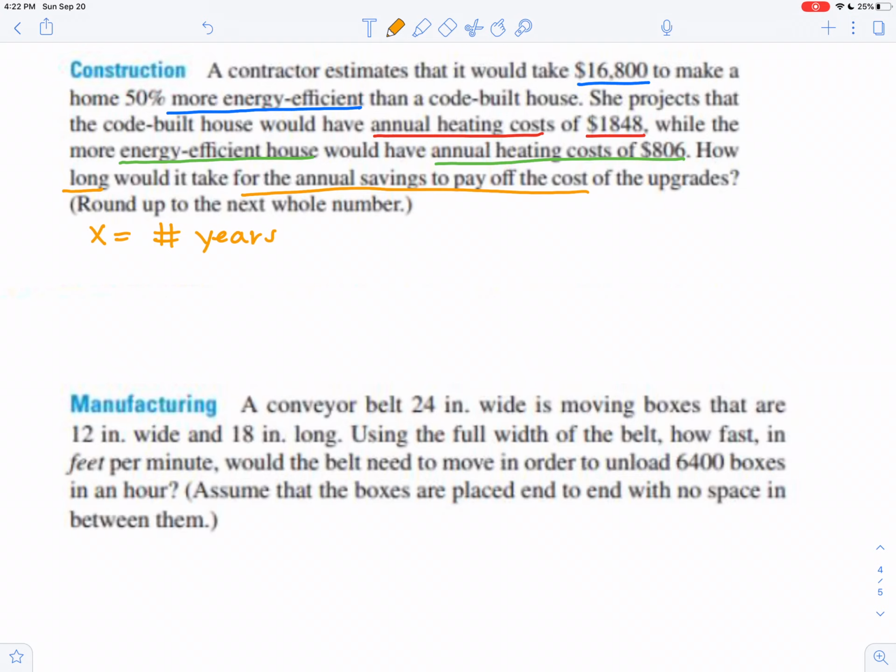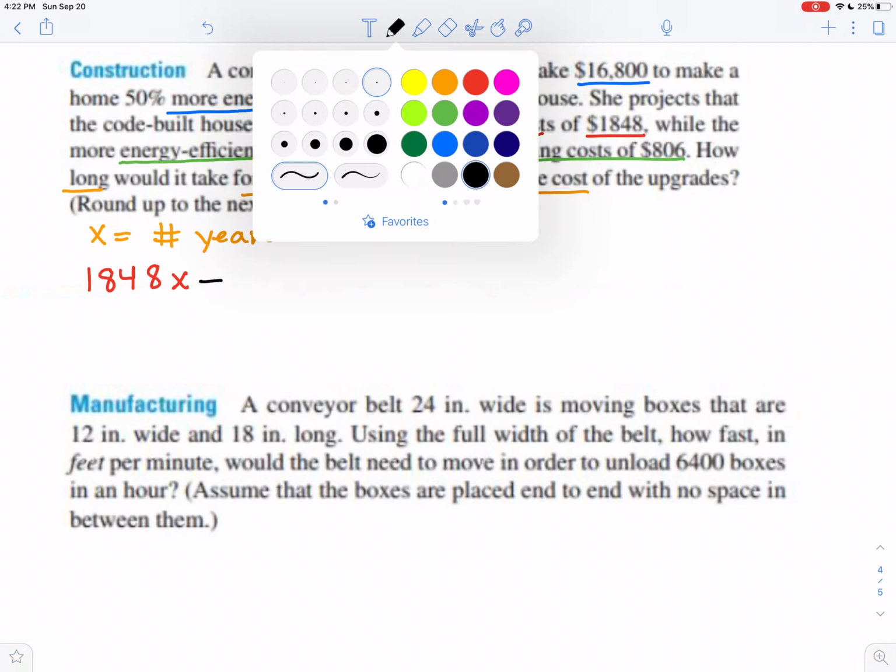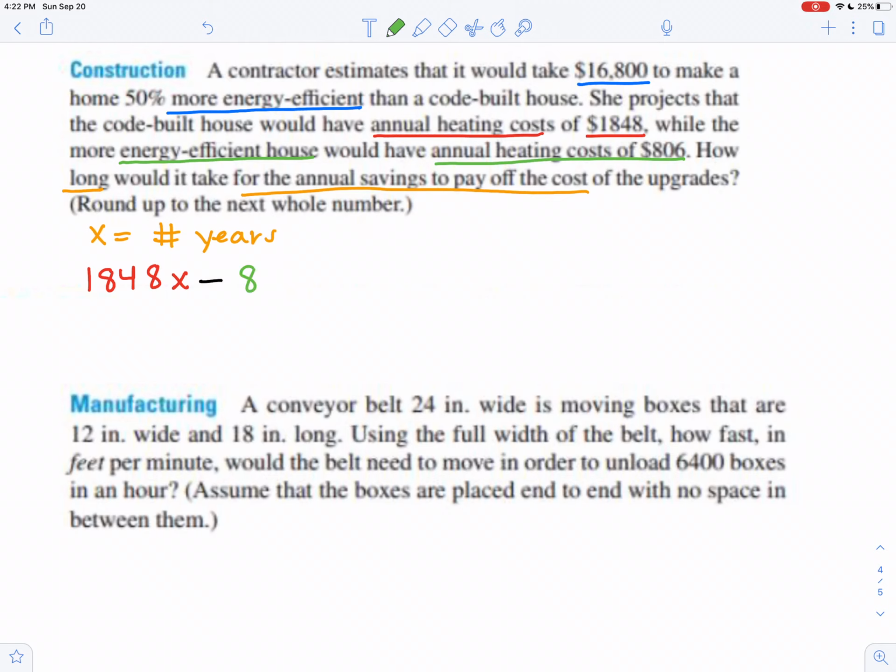If we look at the difference in heating cost, we take the higher cost of 1,848 per year, multiply that by the number of years, minus the heating cost for the upgraded home, which is $806 per year. And again, we're talking about x number of years.